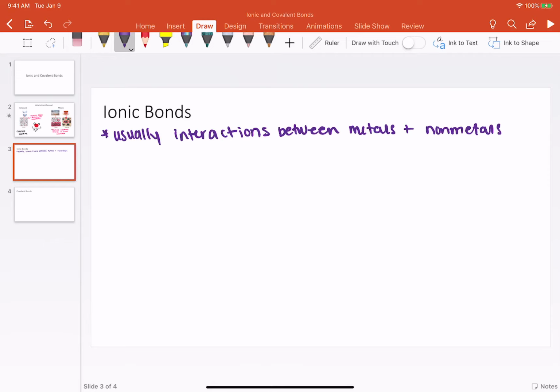How do these actually interact? Well, the metal loses an electron to form a cation. So the metals lose an electron, and they form a cation. And the nonmetal is going to gain that electron.